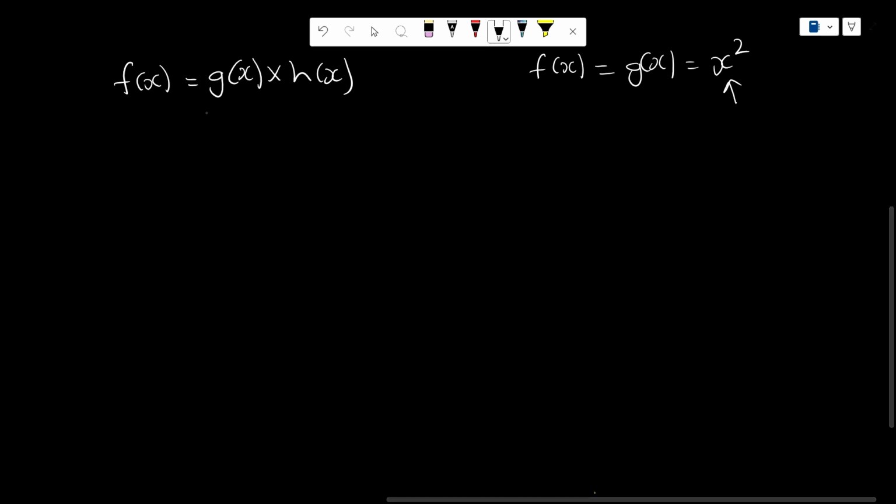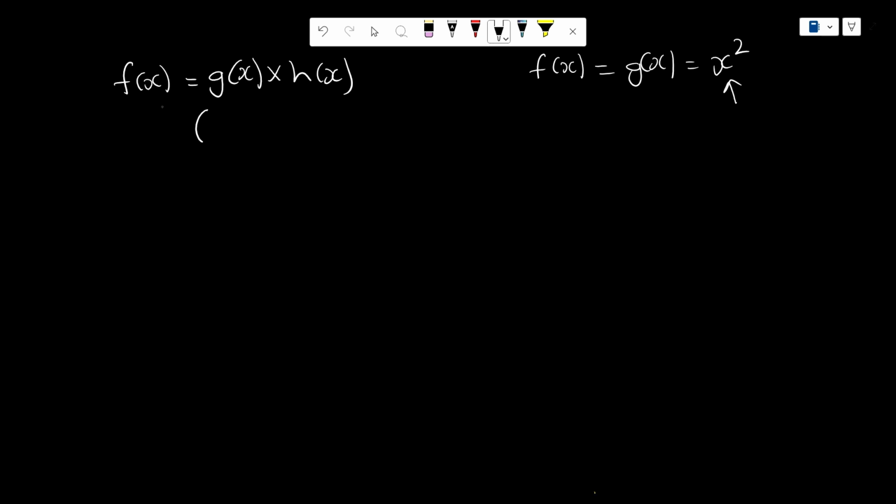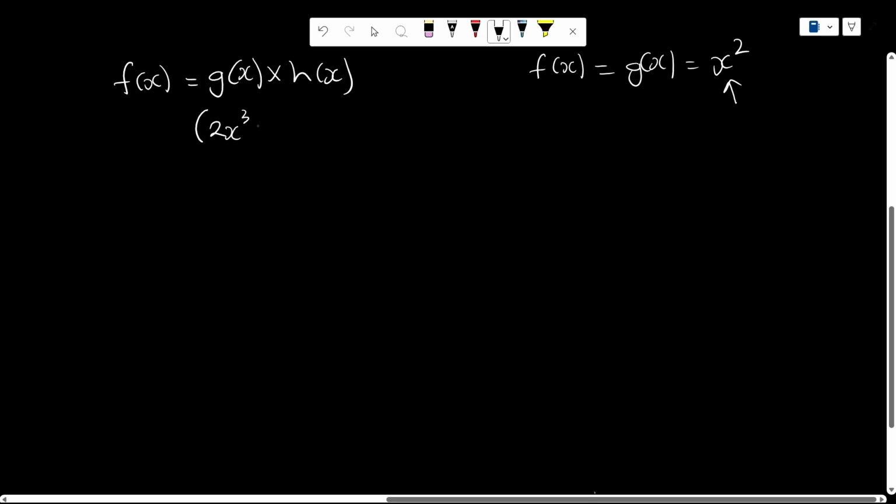But now, what if we're multiplying two functions? What if I have, for instance, 2x cubed plus 3x squared times x squared minus x, right? Now what happens in this case?